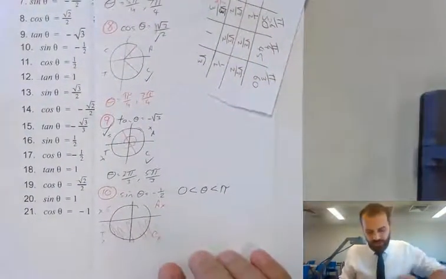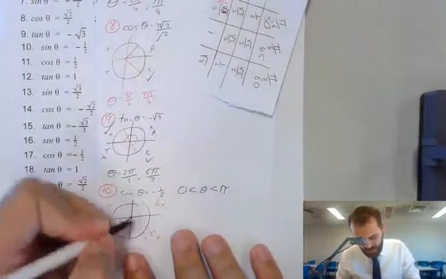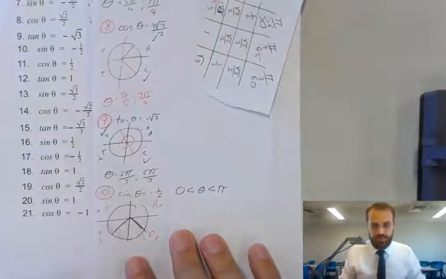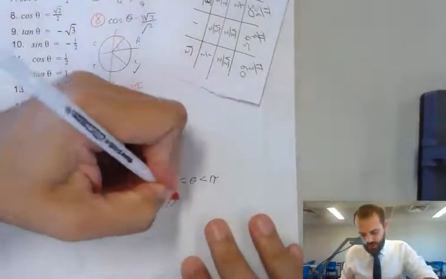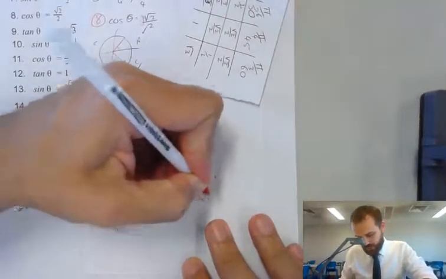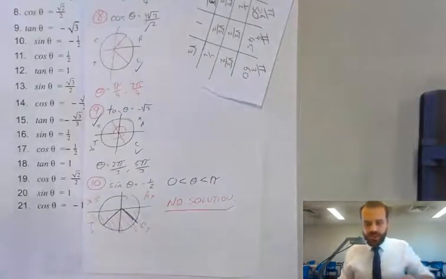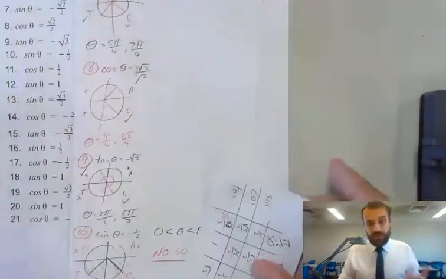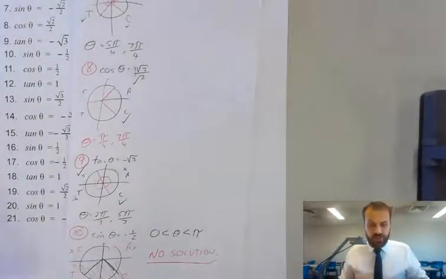But the only angles we can find are ones that are in here and here. So, a big old no solution. That's not always going to happen. Sometimes you get one answer, sometimes you get two answers, sometimes you get 0 answers. That's 10 questions, 11 to go.